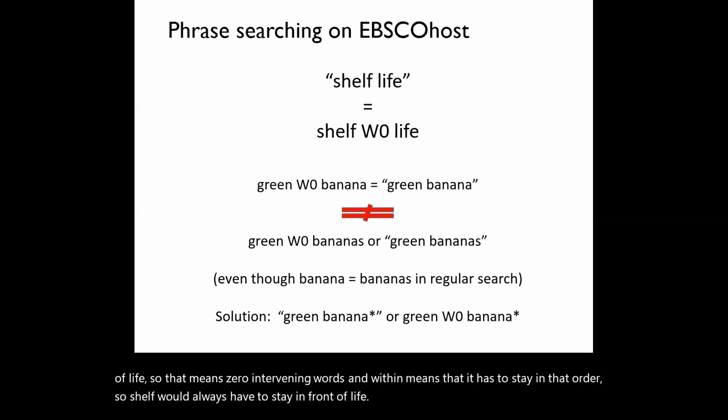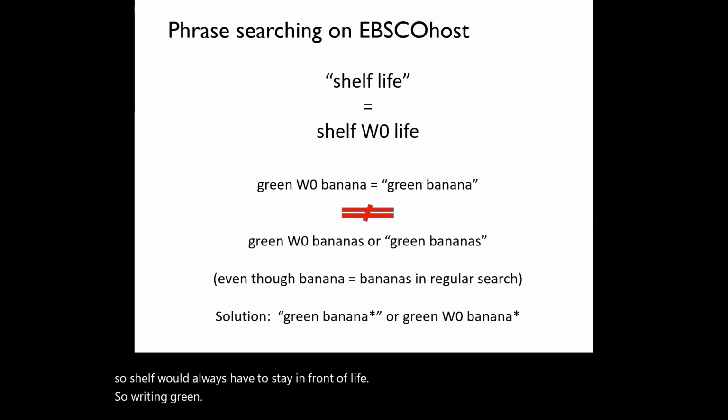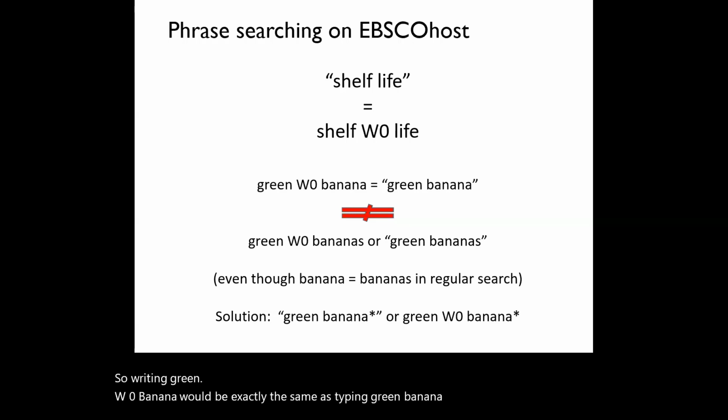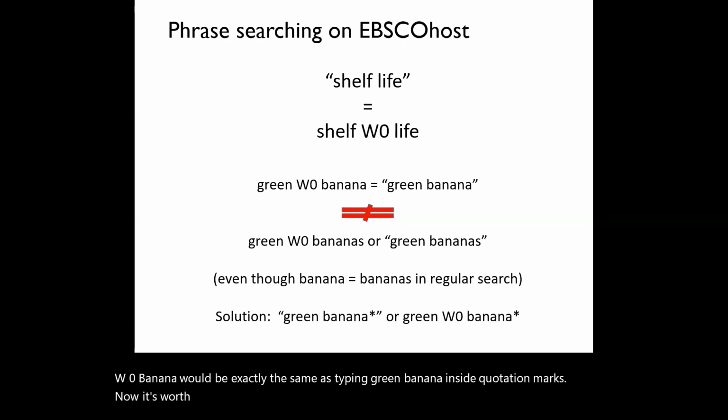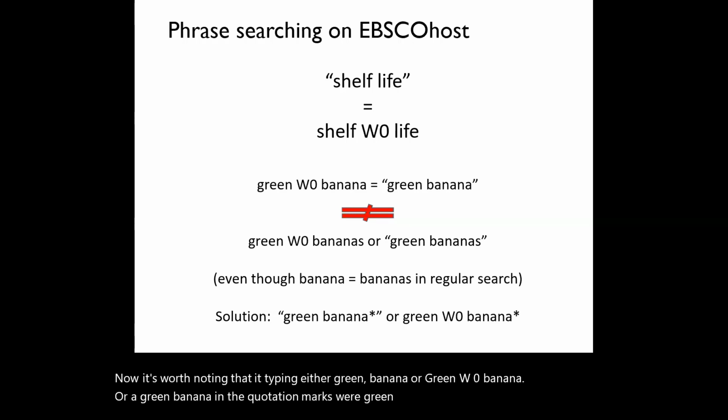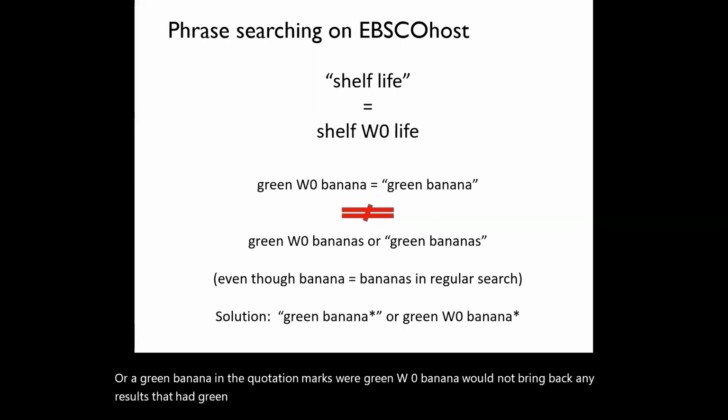So writing green W0 banana would be exactly the same as typing green banana inside quotation marks. Now, it's worth noting that typing either green banana or green W0 banana would not bring back any results that had green bananas in them.